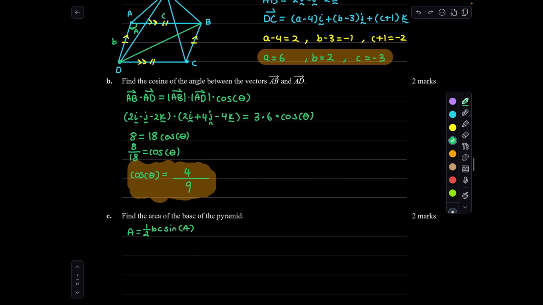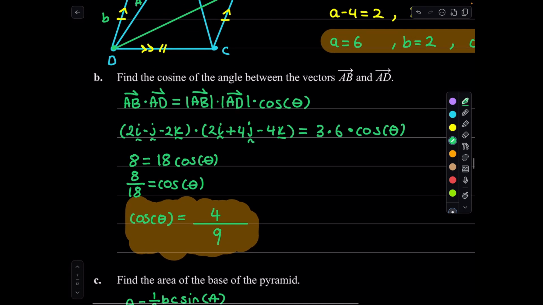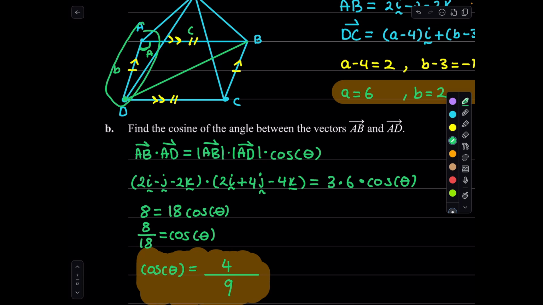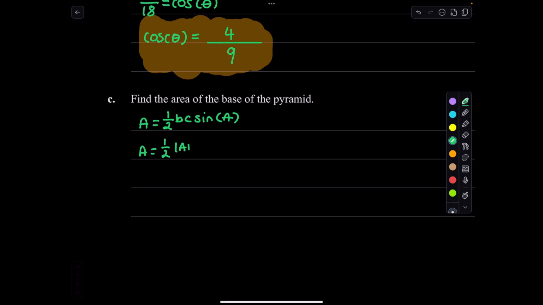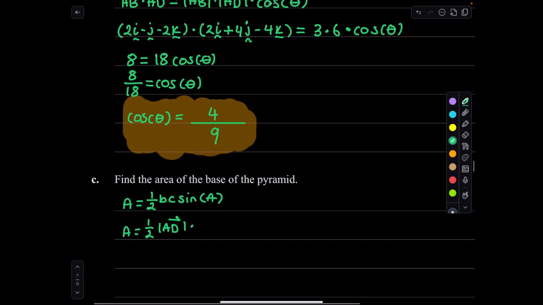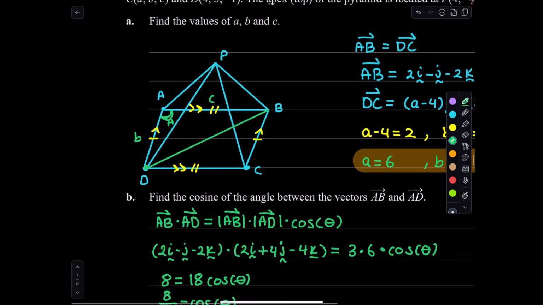Simplifying, half B is the magnitude of AD, which we know, times C, which is the magnitude of AB, times sine A.